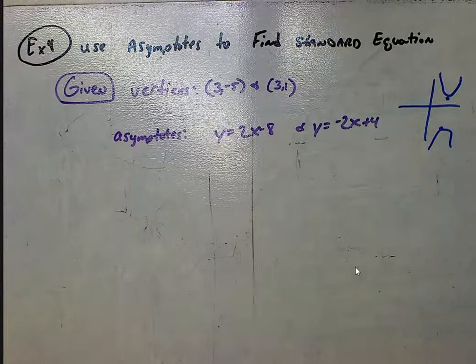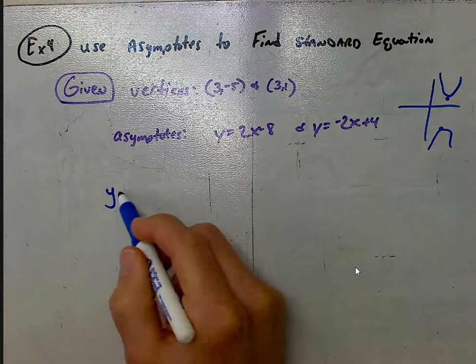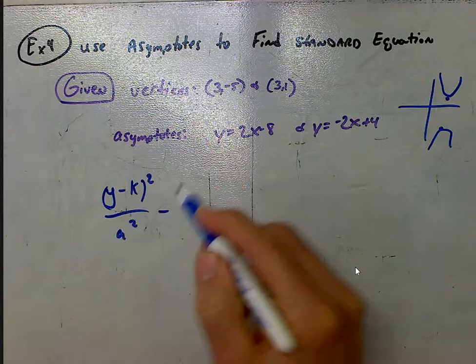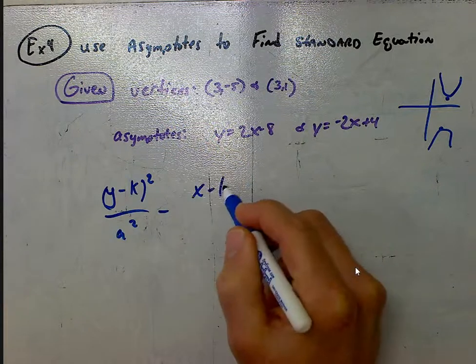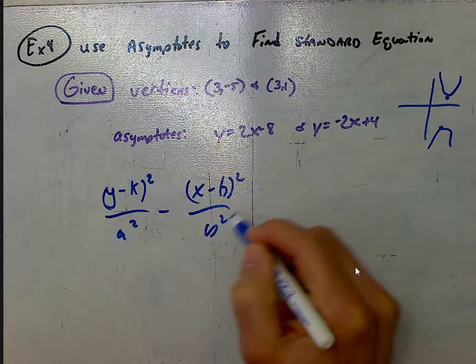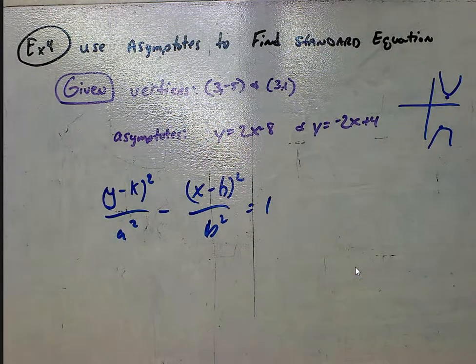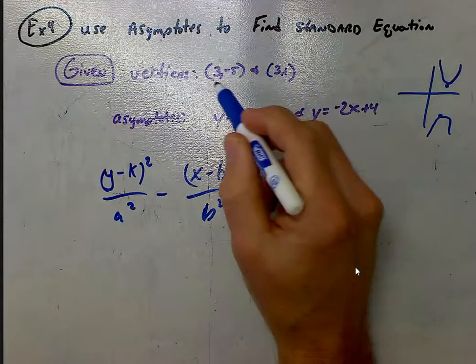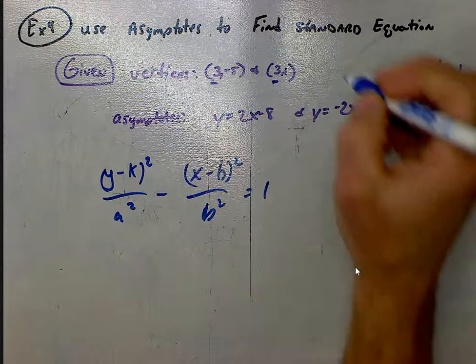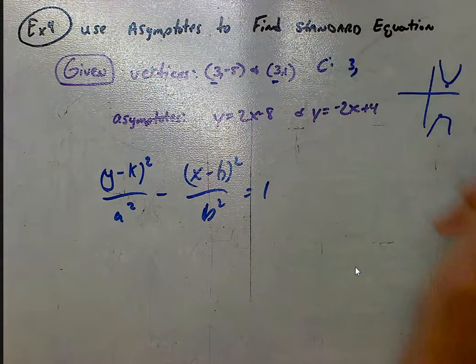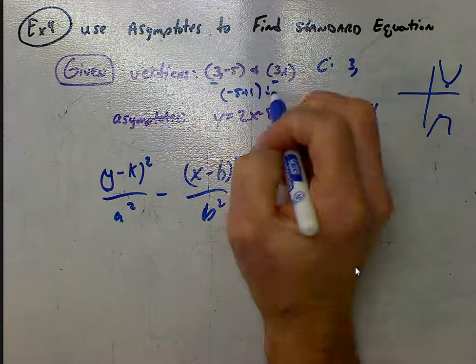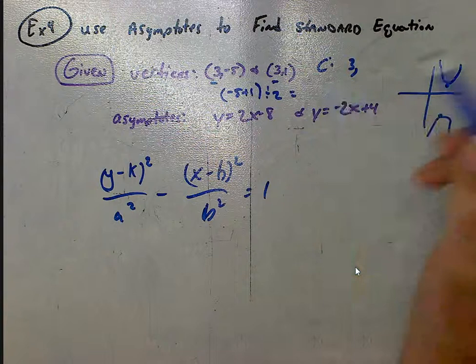So that tells me to use the equation y minus k quantity squared over a squared minus x minus h quantity squared over b squared equals 1. Okay? So remember, h comma k is the center, and since both these x's are the same, the center is going to be 3 comma something, and I essentially take -5 plus 1 and divide it by 2 to find the y, and that's going to be -2.